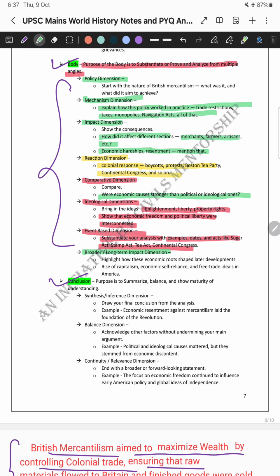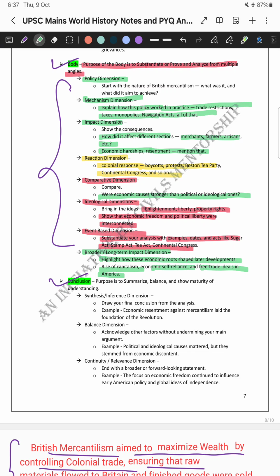That means how those economic roots shaped later developments. We can mention those economic factors which shaped later developments, for example, the rise of capitalism, economic self-reliance, free trade deals in America. So those things we can mention over here.